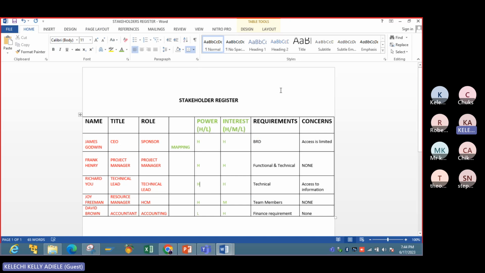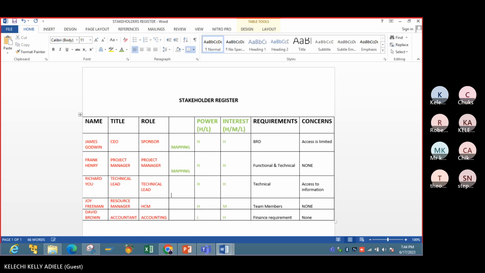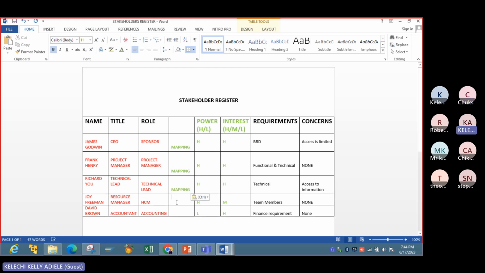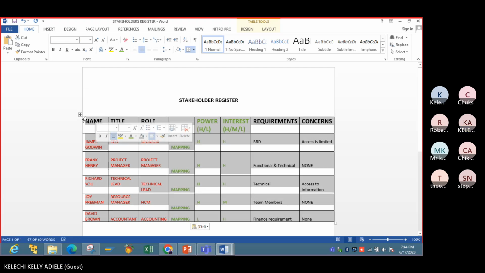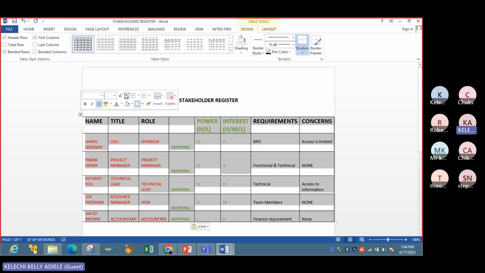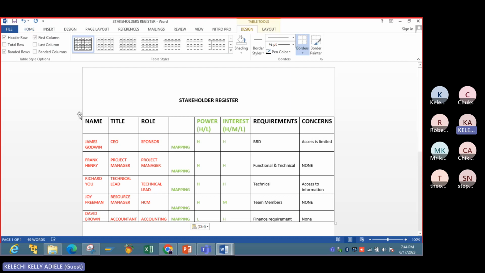We are able to map them according to their level of influence, power, and that is what we call mapping.